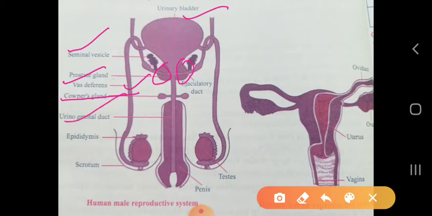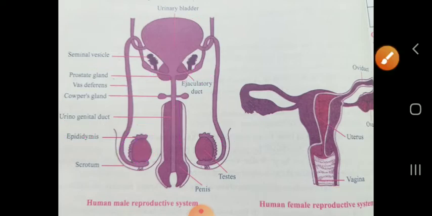This is the urinogenital duct. Here this is the epididymis. This is the scrotum on the outside, and the epididymis is there. Then these are the testes, and this is the ejaculatory duct here. This is all about the male reproductive system.